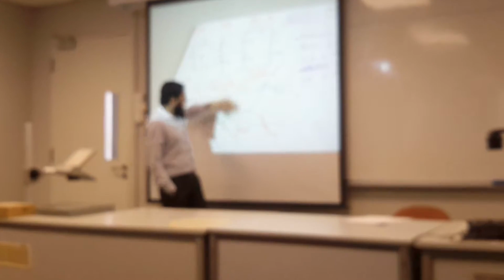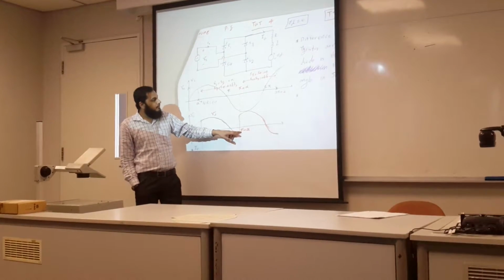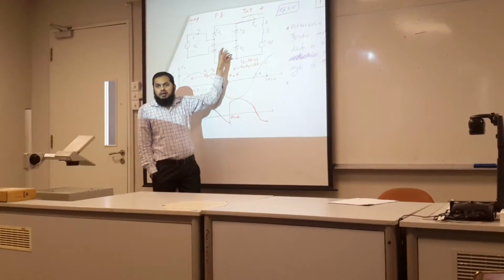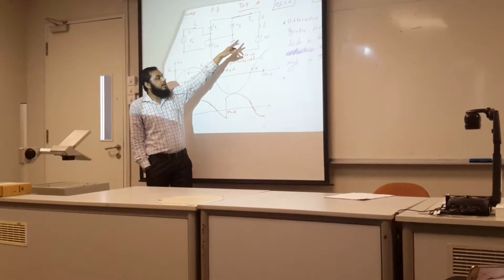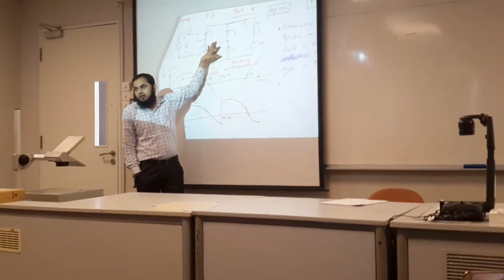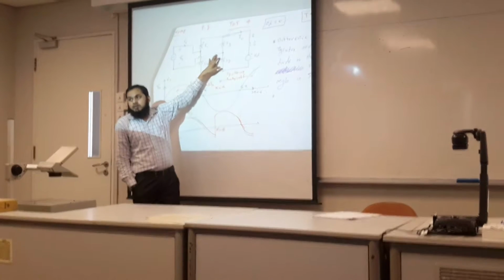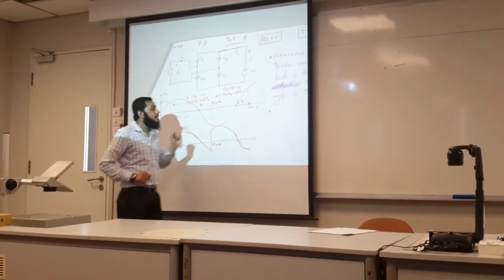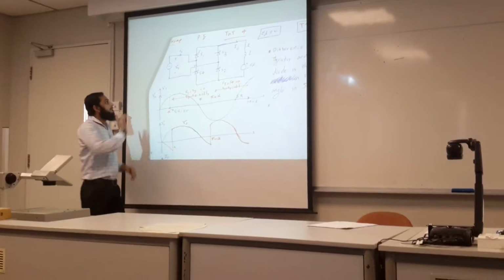So again, when pi plus alpha comes, then S3 and S4 will be on. Once S3 S4 is on, the inductor gets the path, so there is no need for forcing S1 and S2 to be on, and the current will start flowing through S3 and S4.